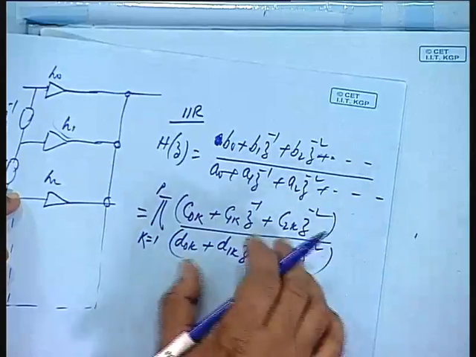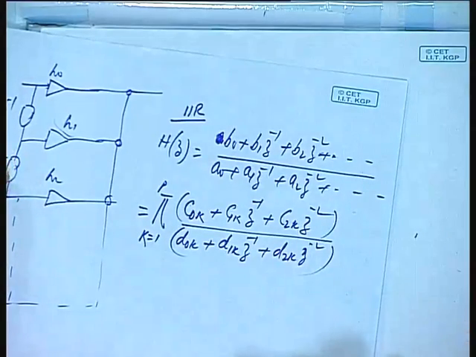That means the number of such quadratic terms that we can get.